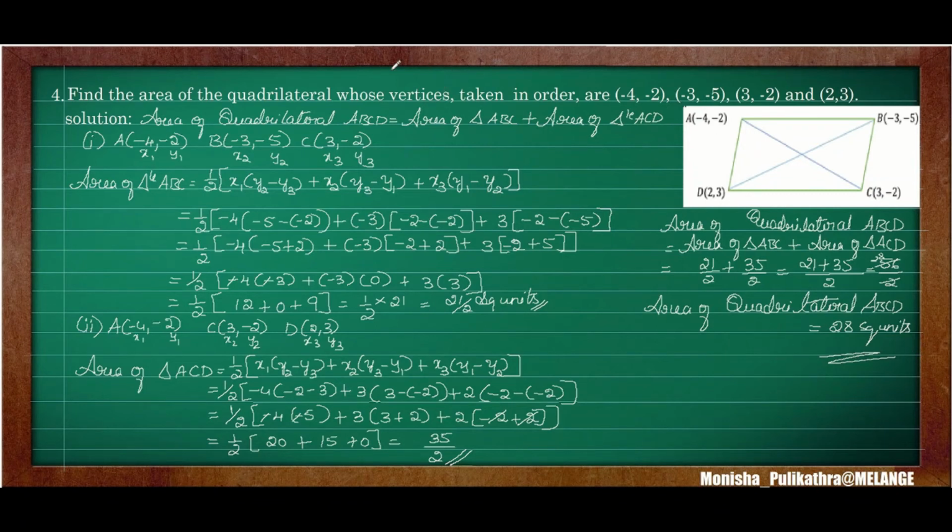So when they ask you to find out the area of quadrilateral, we need to separate it into two triangles. One is ABC and the other is ACD. So we need to calculate the area of two separate triangles, then later we need to add them. Okay, so thereby we will get the value of area of quadrilateral ABCD. Here it is 28 square centimeter. I hope you understood this.